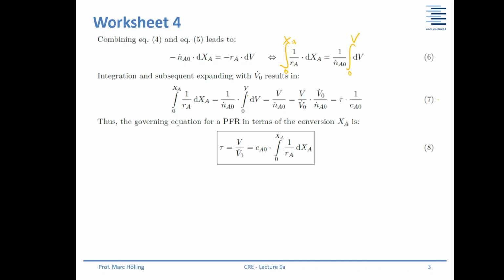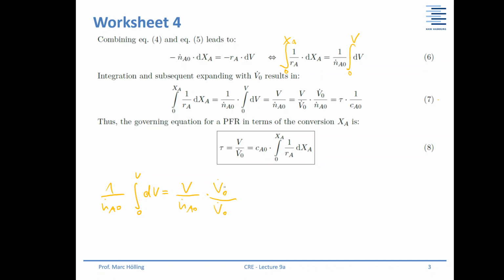And then if you say, I have 1 over N dot A times the integral dV, this is the same as just the volume divided by the mole flow. Then we are just expanding it with our volume flow at the inlet.